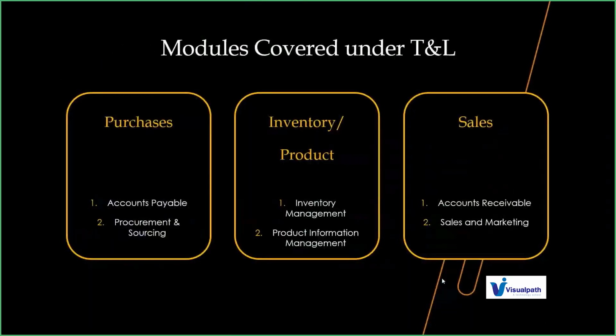Now I have to give you some information. This demo is for Microsoft Dynamics 365 Finance and Operations and about trade and logistics, which is one of the functional areas under supply chain management. Microsoft Dynamics 365 can be used for purchasing operations, sales operations, inventory operations, warehouse operations, human resources management, payroll management, and retail operations.